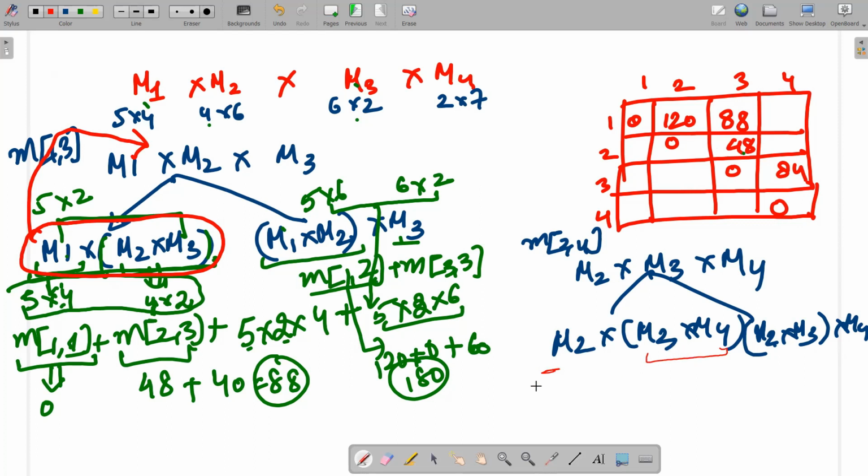The result of this answer would be M22 plus M34 plus. Now, M22 is, this is 4 cross, M22, this is M34. Now what we have to do is, M22 cost is 0, we all know. M34, the cost is 84, we have calculated.